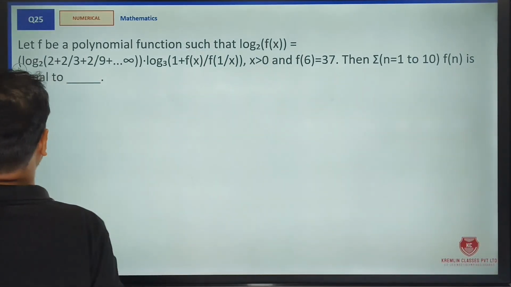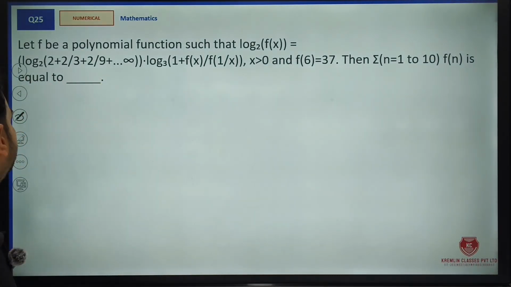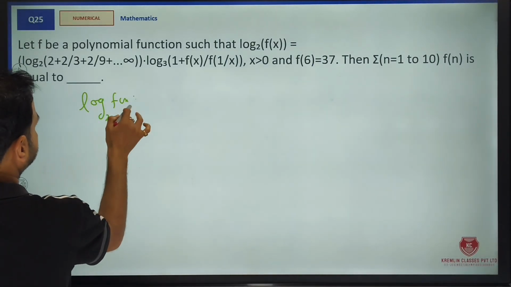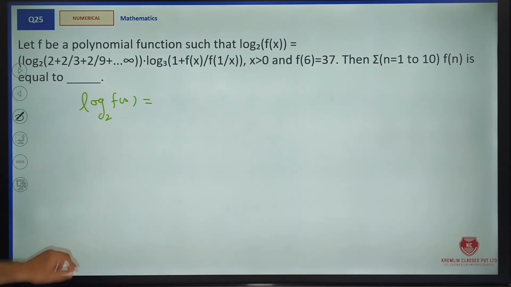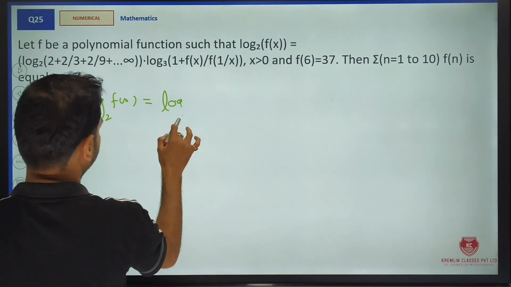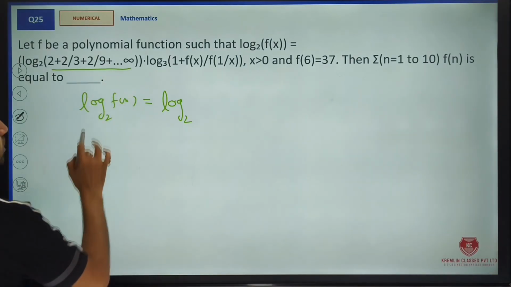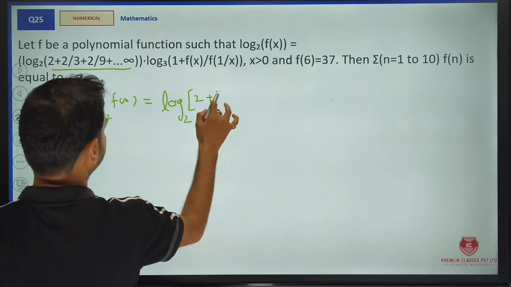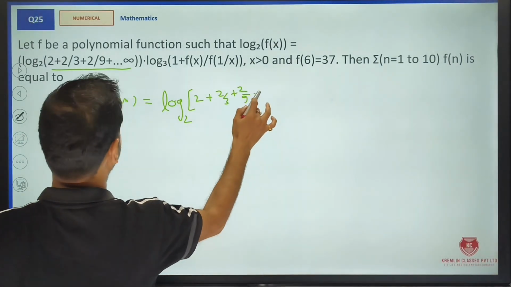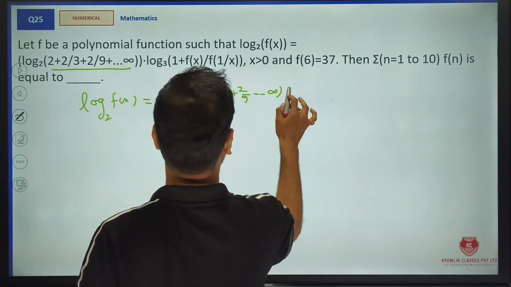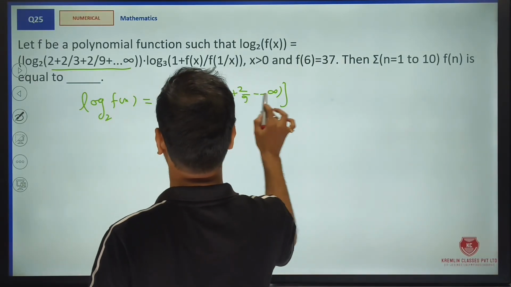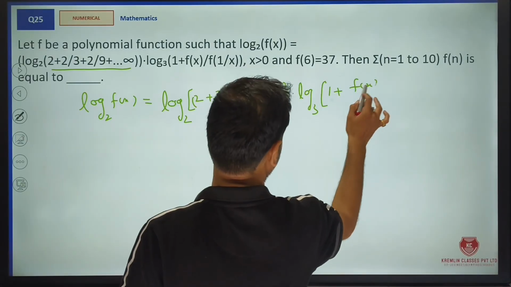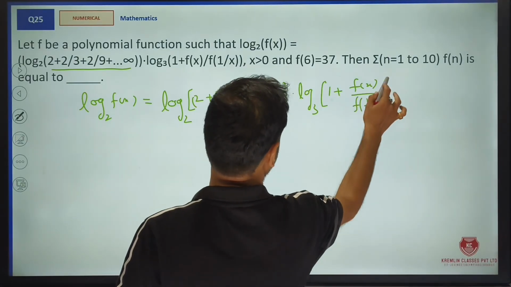Let f be the function given by log 2 fx equals log 2 of this GP, 2 plus 2 by 3 plus 2 by 9 and so on to infinity, multiplied by log 3 of 1 plus fx upon f of 1 by x.